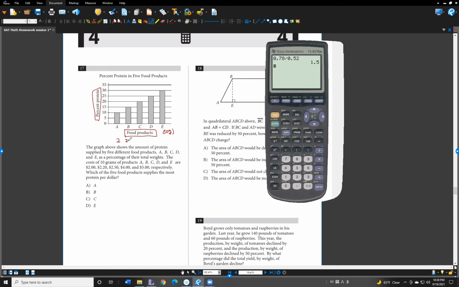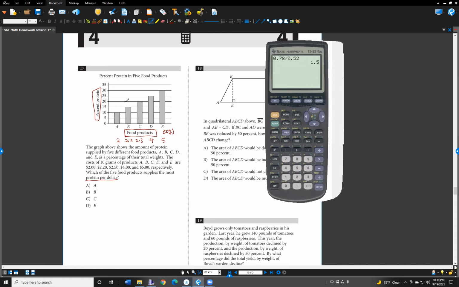This is $2.2. This is $2.5. This is $4 and $5. Okay, so which of the food products supplies the most protein per dollar, isn't it? Protein per dollar, percent protein. We don't need the exact number of protein, just a percent of protein, that's fine.